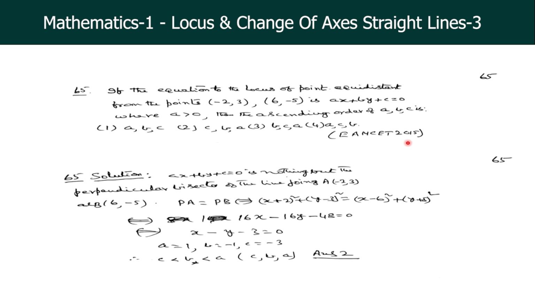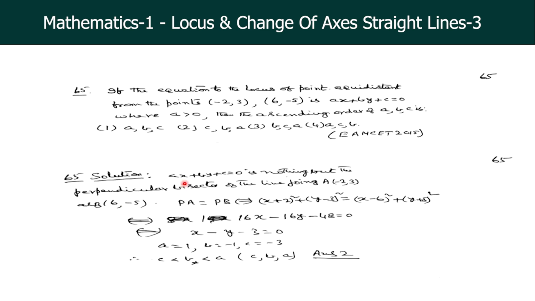This is EAPCET 2015. And you know that Ax + By + C = 0 is nothing but the perpendicular bisector of the line joining A(-2, 3) and B(6, -5), because the locus of the point equidistant from two points is nothing but the perpendicular bisector of the segment joining the two given points.